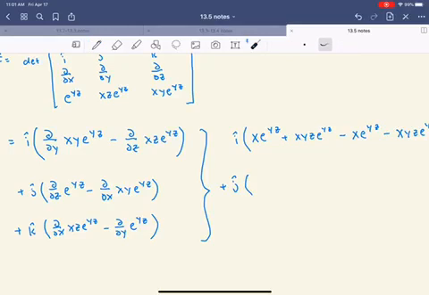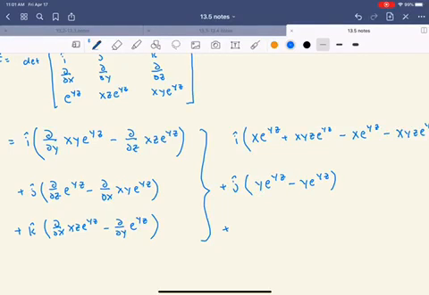Okay, this one's a lot easier actually. Derivative here is going to be what? y e to the yz minus the derivative here with respect to x, which is just the y e to the yz. So these are going to cancel as well.